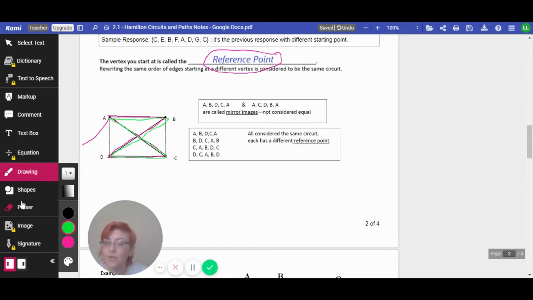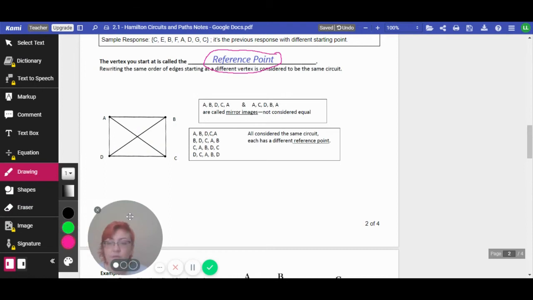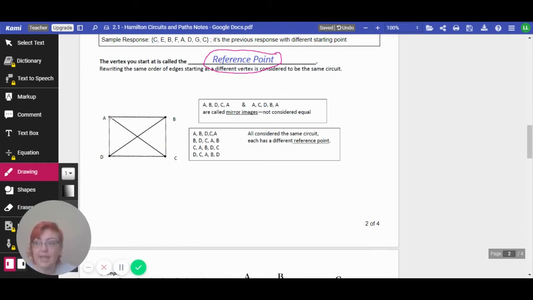Now, erasing those, we find that A, B, D, C, A, and B, D, C, A, B, and C, A, B, D, C, and D, C, A, B, D are all considered the same circuit, even though each one has a different reference point.